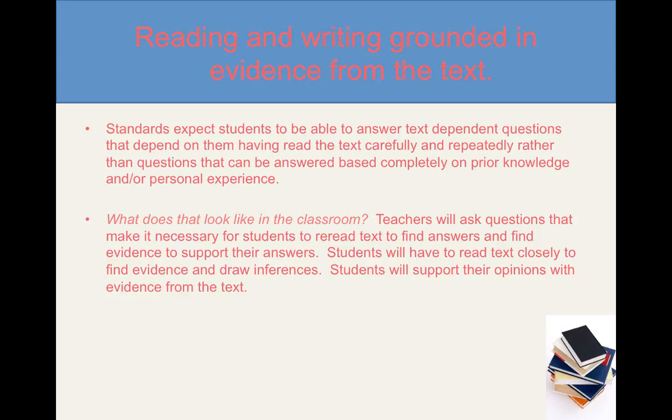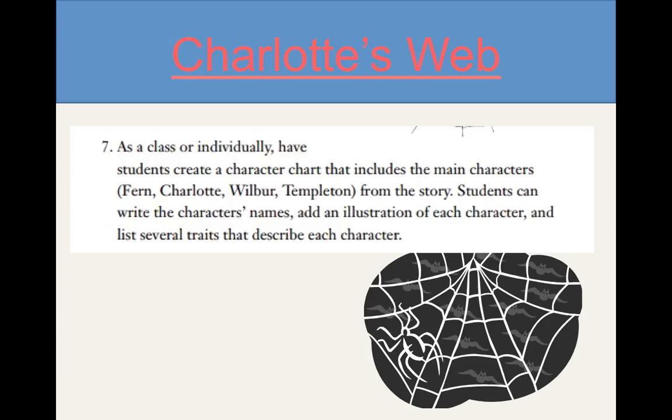Students are supposed to be able to answer those text-dependent questions. That requires them to not only read the text, but read the text carefully and repeatedly. You don't see a lot of questions that are based on prior knowledge or personal experiences. Take a moment to review, what does this look like in the classroom? So let's take a look at Charlotte's Web.